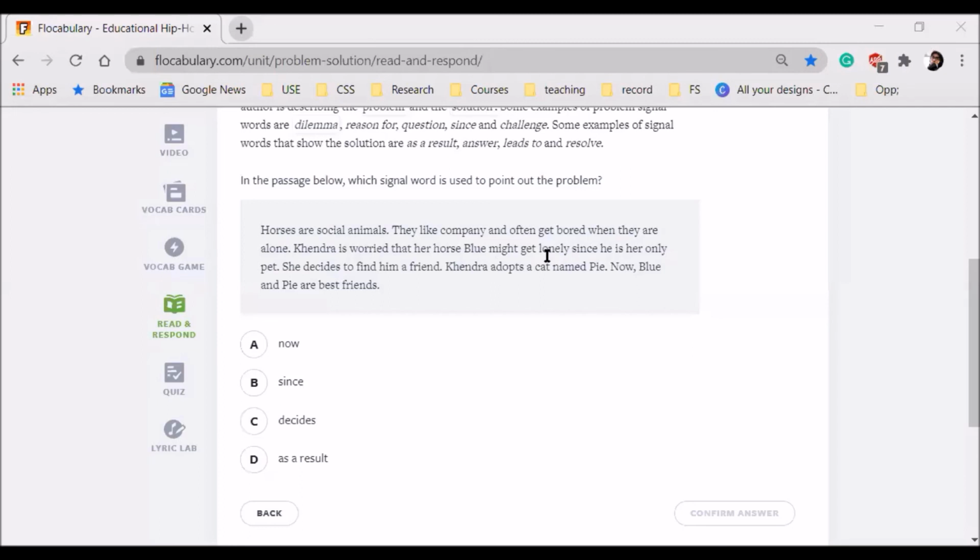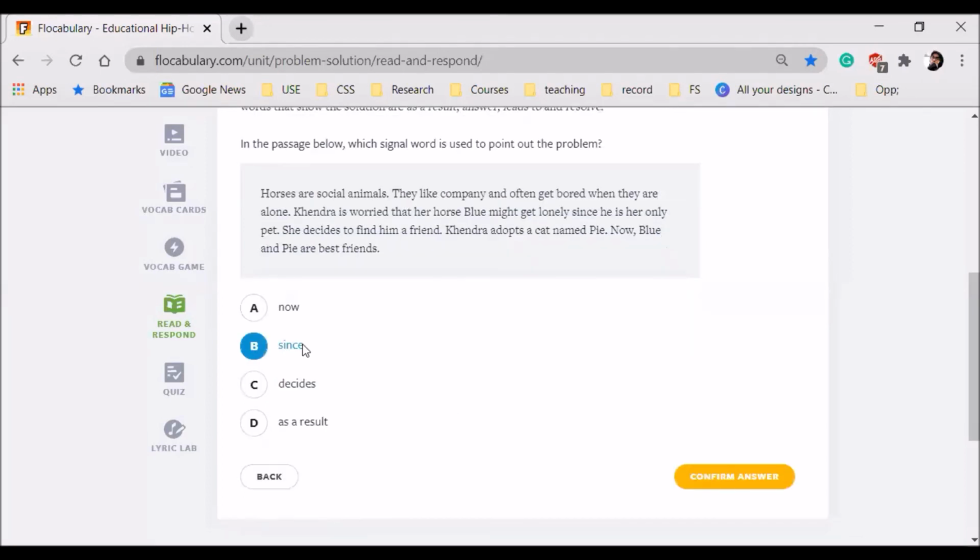She is worried that her horse might get lonely since he is her only pet. Because he is alone, it can become a problem. So now we can see that there is the problem. So there is the word since. As a result, where was it used? As a result was not used at all. Okay, so we can try this answer.